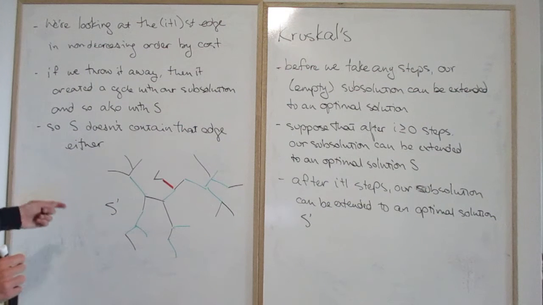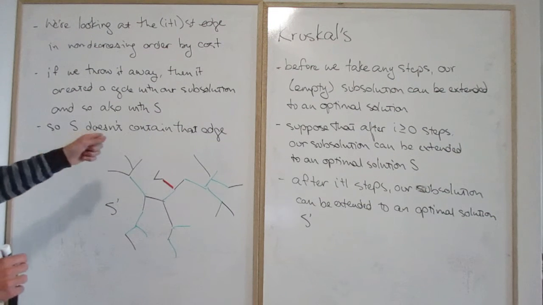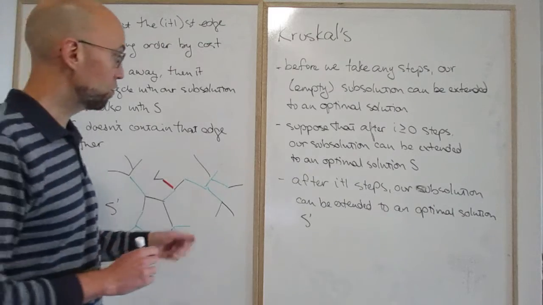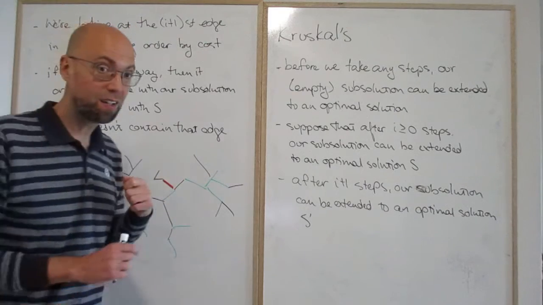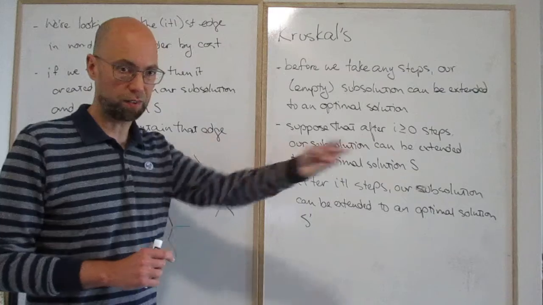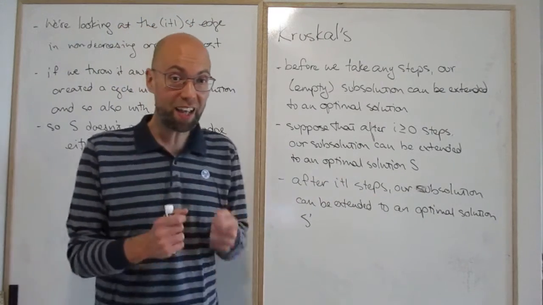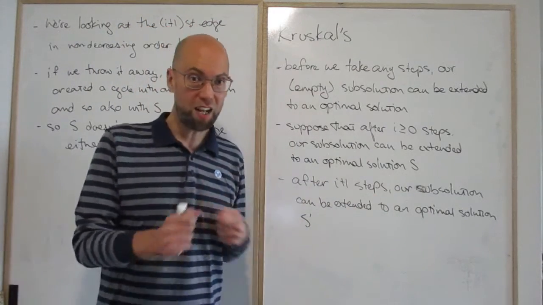Okay, so now I need the space. No, I'm just going to say it. Okay, so if S also takes the edge, fine, S extends our subsolution. If S doesn't take the edge, we can take S and do an exchange.